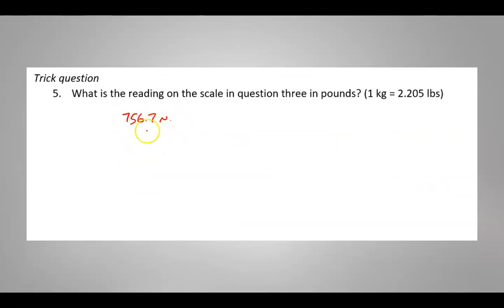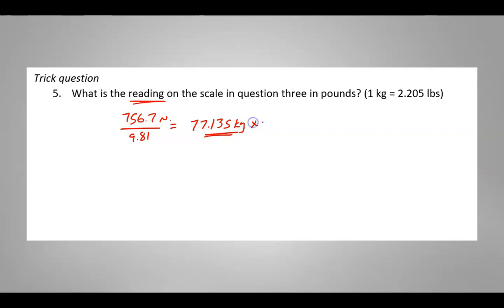Which would show in kilograms 77.135 kilograms. It's going to show heavier than what the mass of that person actually is. Right? And we're just worried about the reading, not what the actual mass is.